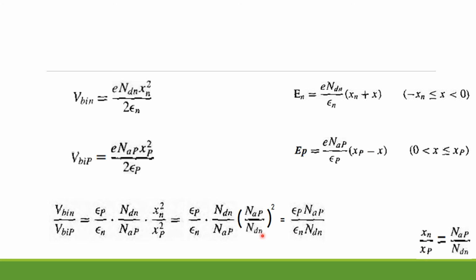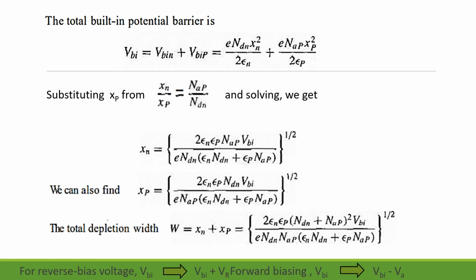So substituting this value, we get this ratio as epsilon P divided by epsilon N into NAP divided by NDN. The total built-in potential barrier is VBI equal to VBIN plus VBIP. So it is equal to q NDN Xn square divided by 2 epsilon N plus q NAP XP square divided by 2 epsilon P.